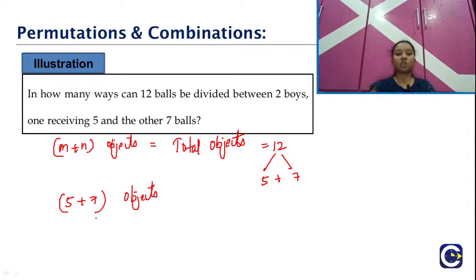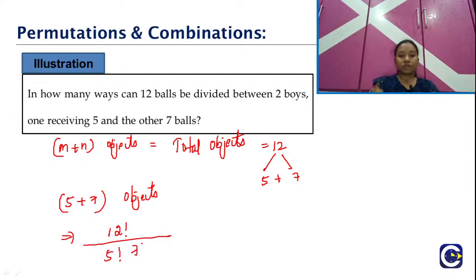And in order to divide these 5 plus 7 objects into two unequal groups, the number of ways is 12 factorial divided by 5 factorial into 7 factorial. But here they are not asking us to simply divide them into two unequal groups; after dividing that, we have to divide again between two boys.